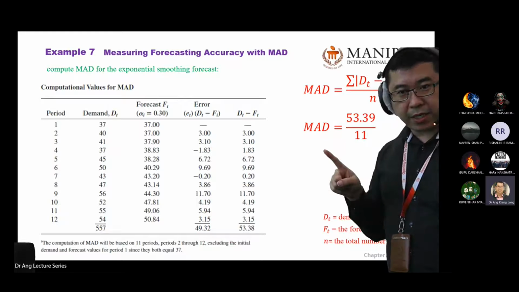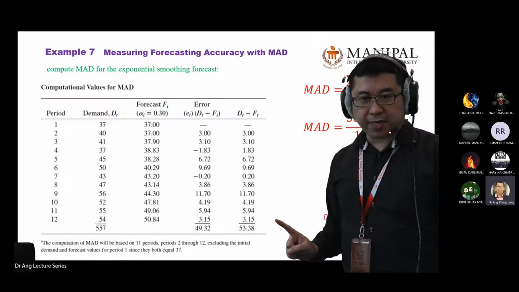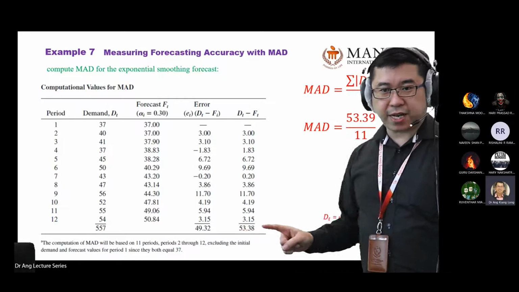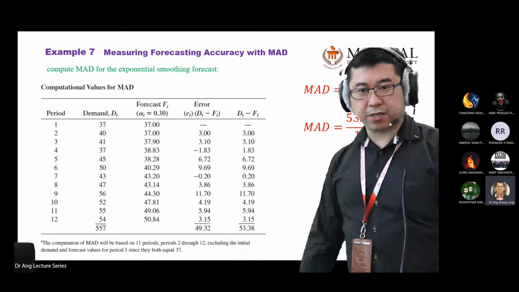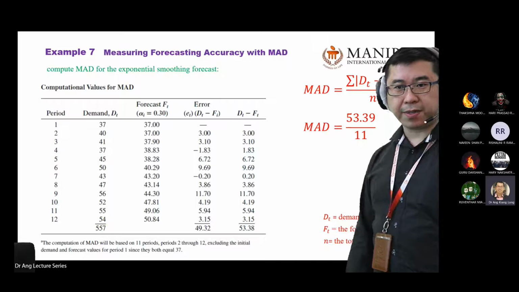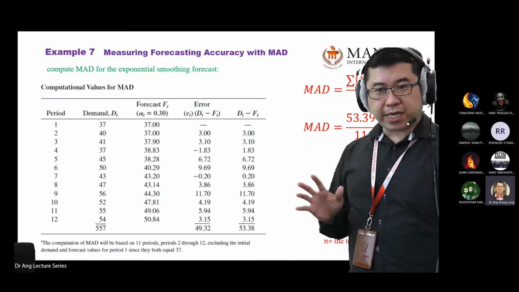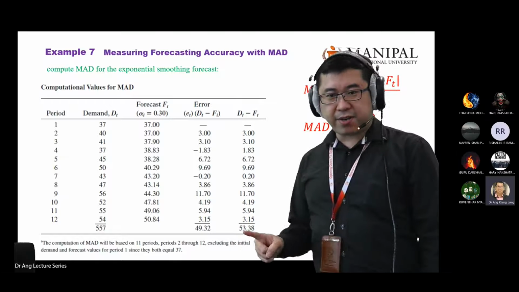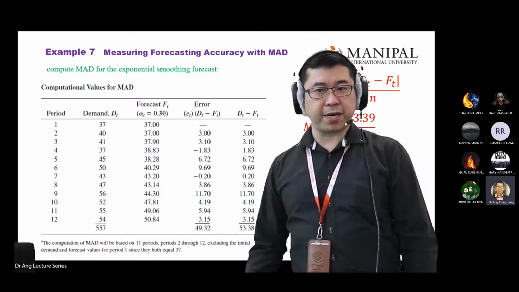For MAPD, you take the total absolute error divided by total demand. You get the error as a percentage of demand. So MAD is just a ratio. However, when it comes to MAPD, you take error divided by total demand and it becomes the percentage of demand.